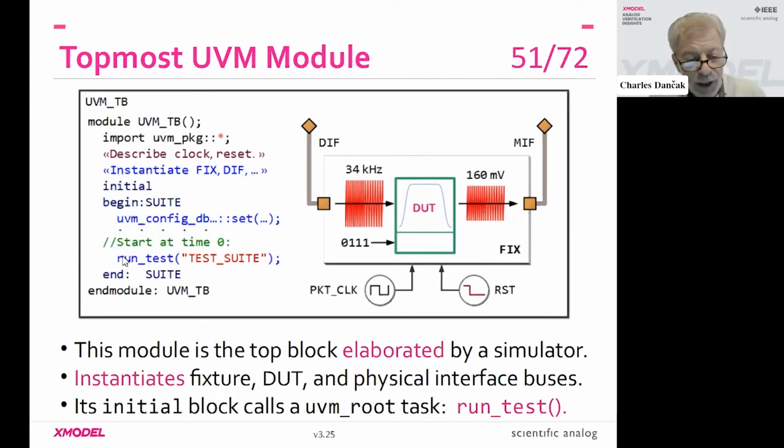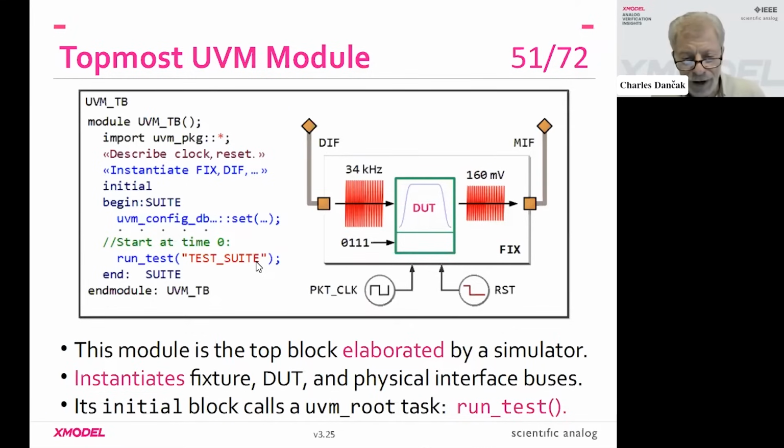Then what kicks the simulation off, the advancement of time off, is this UVM method run_test. And we give it an argument, the top-level test suite class that we want to run.